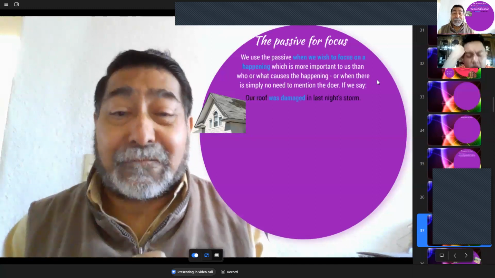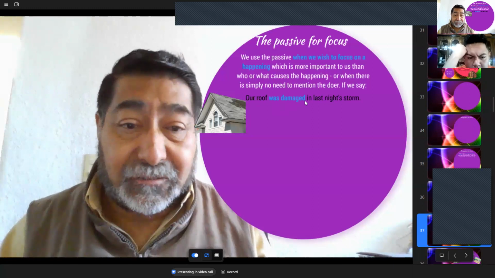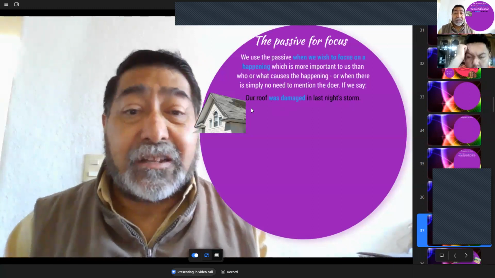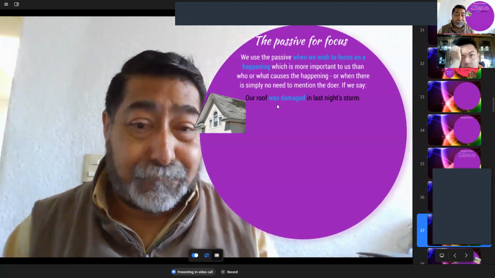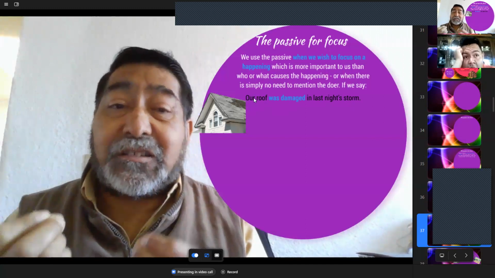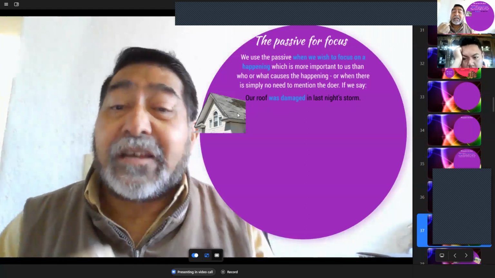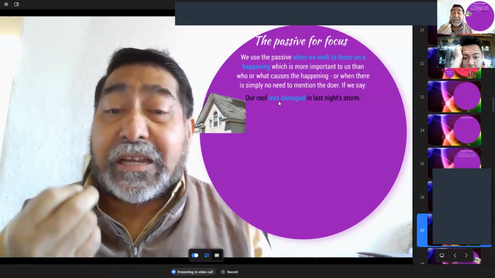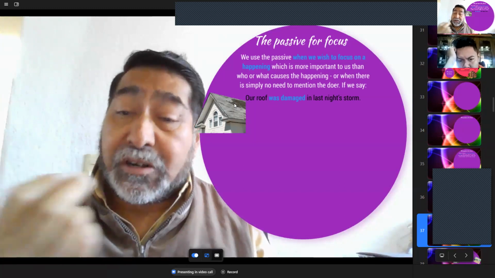Let's analyze this. Our roof was damaged in last night's storm. The idea here is the roof was damaged. Now the roof is the subject, the most important for me. Imagine that Salvador repairs the roof.